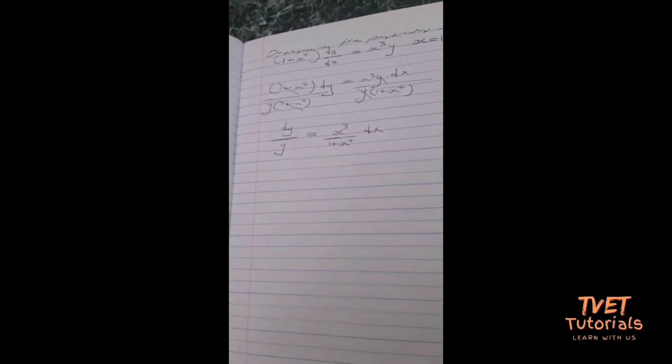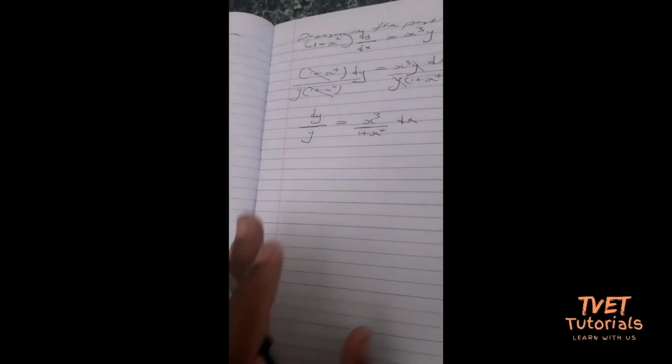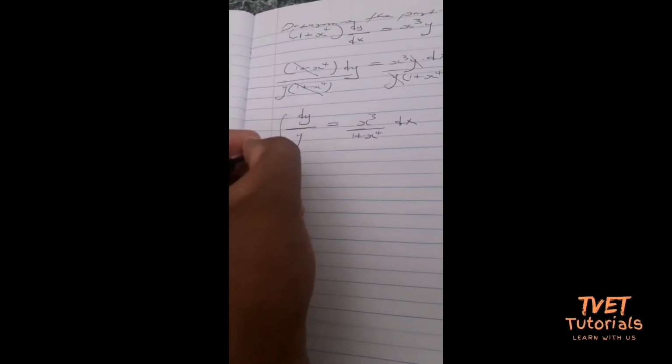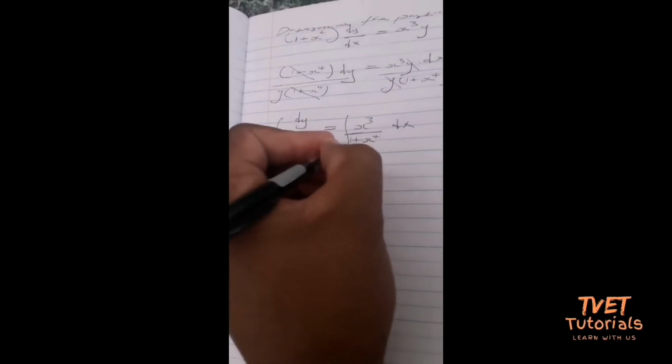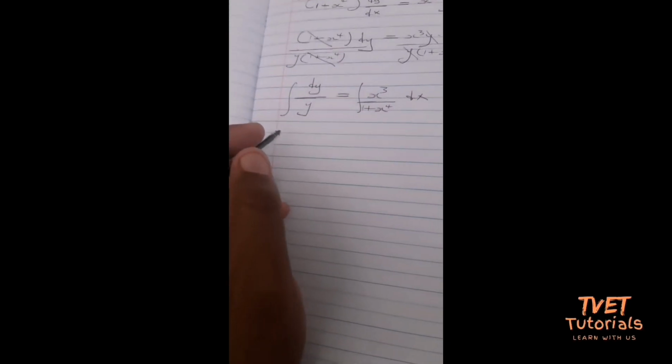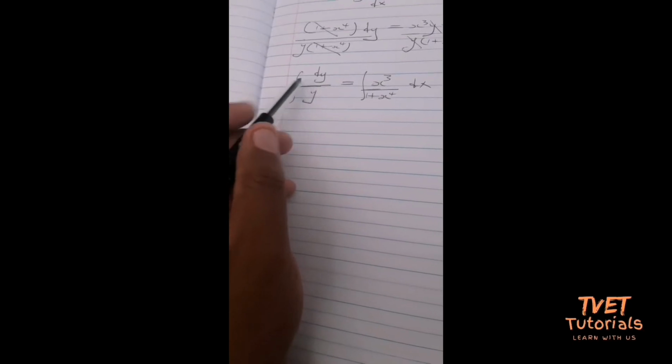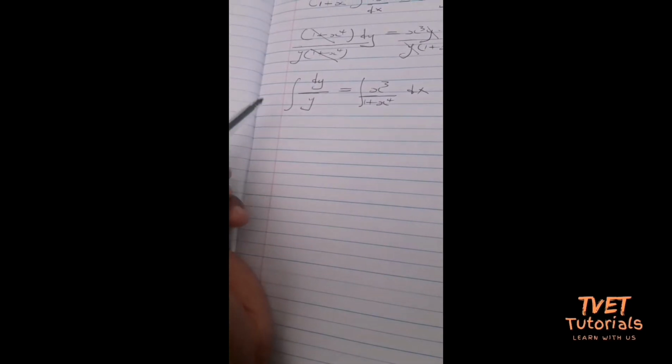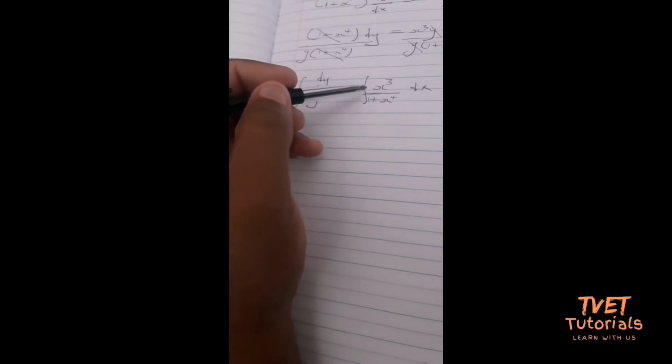Again, I'm going to do the same thing. To continue from here, I'm still going to get the integral of the left hand side, and also the integral of the right hand side. On the left hand side, I know that the integral of dy over y will simply give us the ln of y. Now how can we get this integral of x cubed all over 1 plus x to the power of 4?